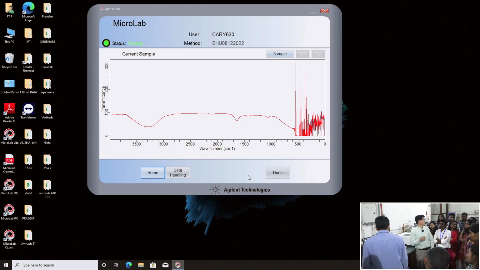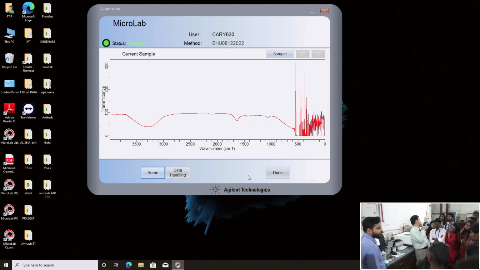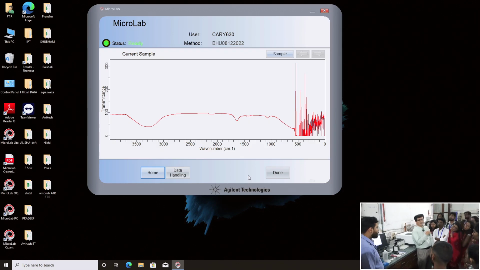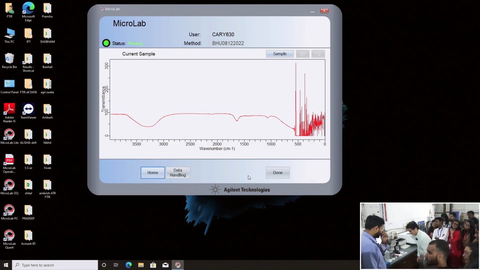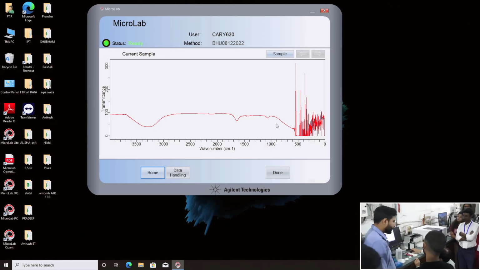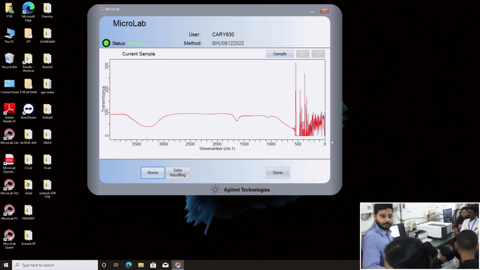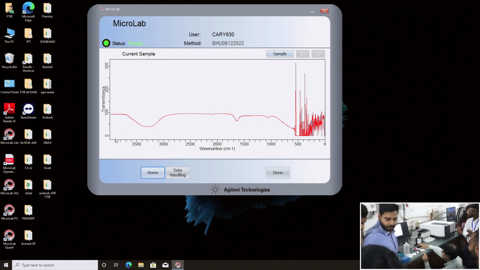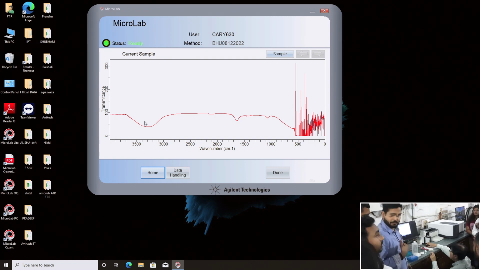Okay, can you see? Please have a look at this result. Here is the ATR-IR spectrum. The range from 0 wave number to 4,000 wave number is shown.